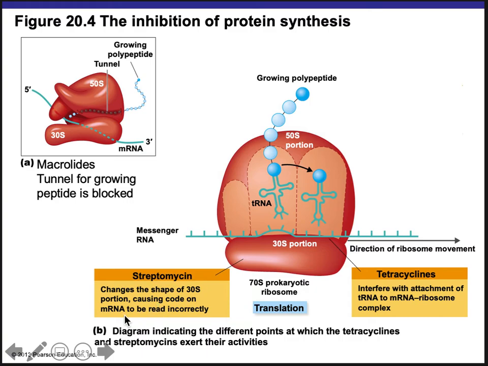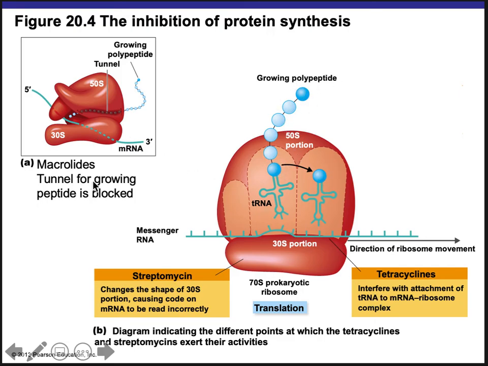Okay, so it actually causes the mRNA to kind of be warped, kind of change its shape a little bit. It's going to be read incorrectly, and then you're not going to get the correct amino acids coming in, and you'll have a non-functional protein. Okay. On the other hand, the tetracyclines are going to interfere with attachment of the tRNA into the ribosome, and so you're not going to get any synthesis at all.